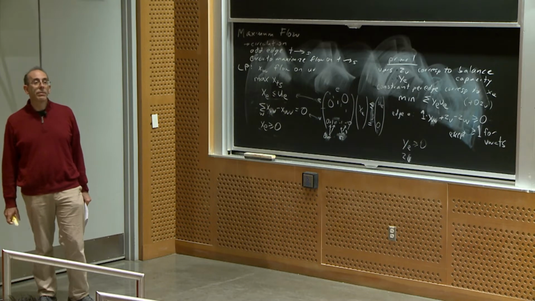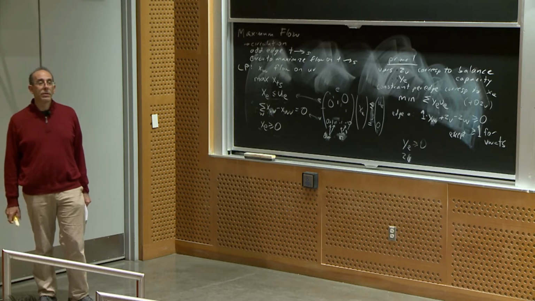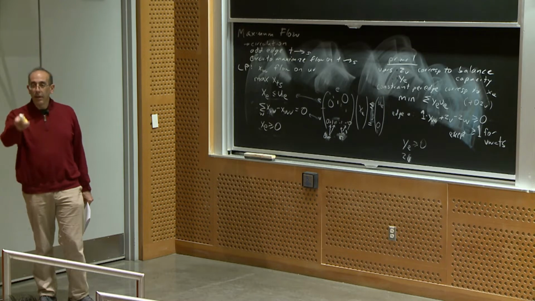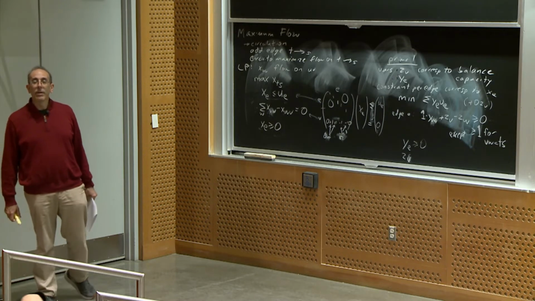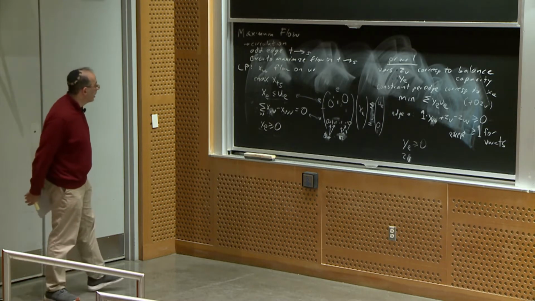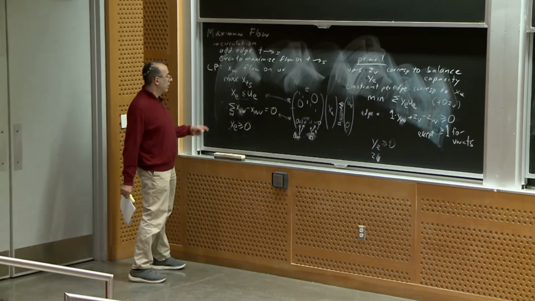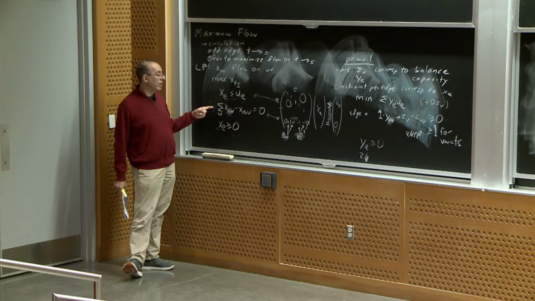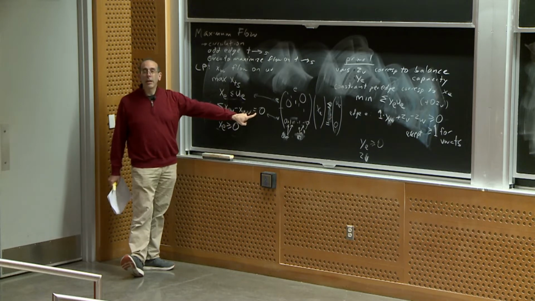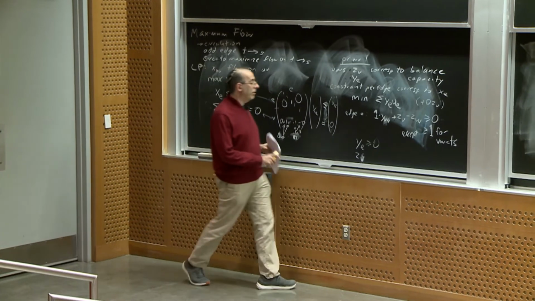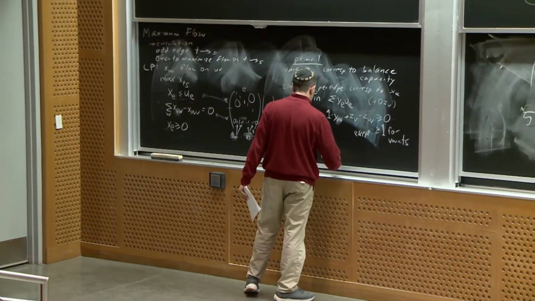Where do we look? Exactly. We go back to the conservation constraints that correspond to the z variables. They're equality constraints. That means that the z variables are unrestricted.